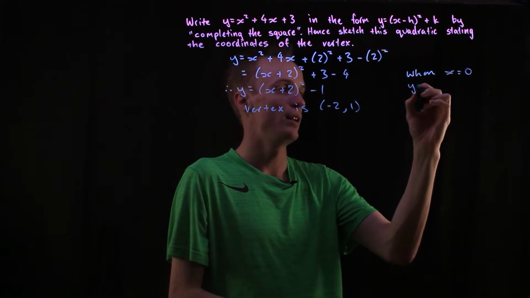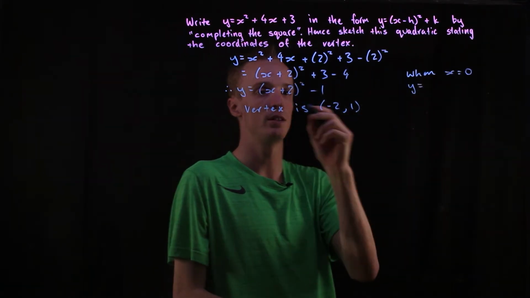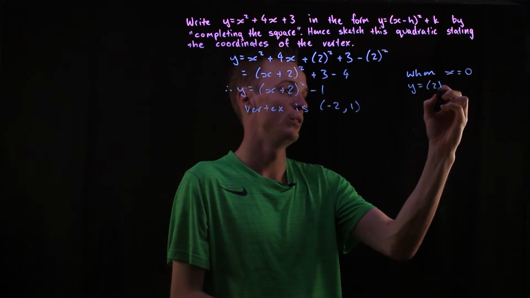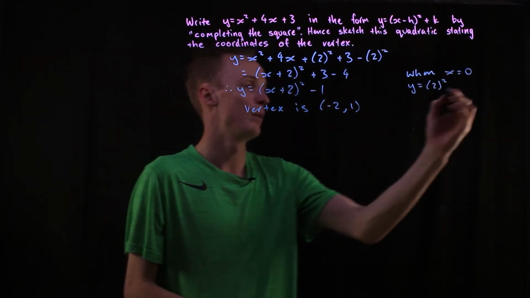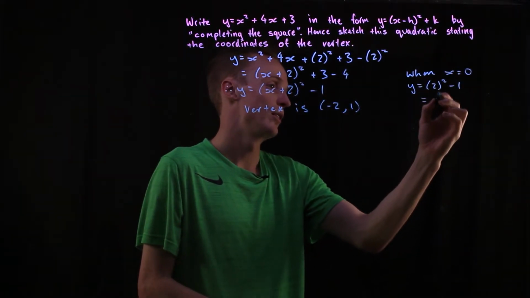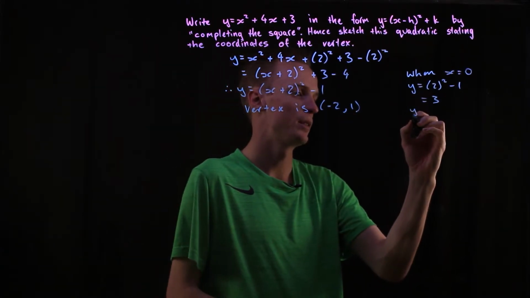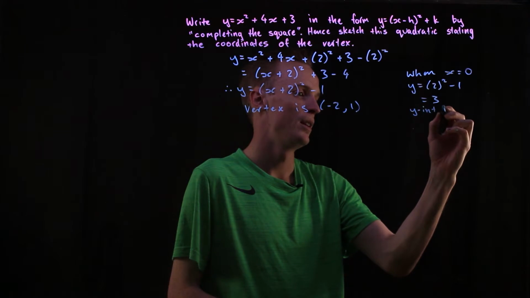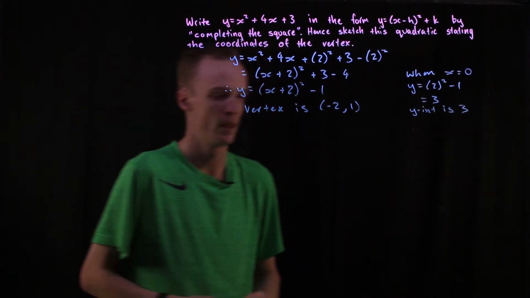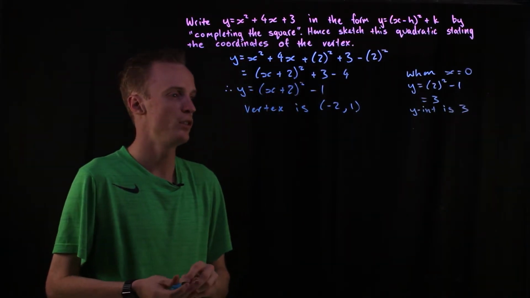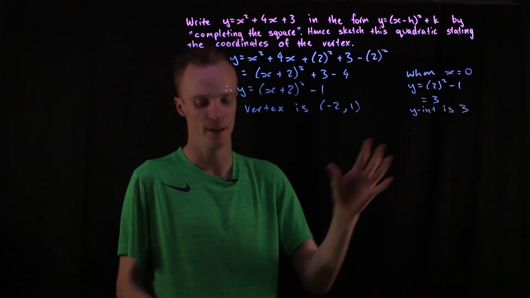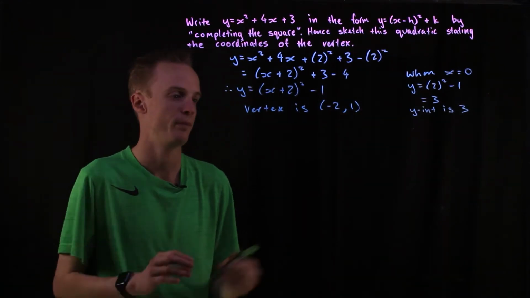So my y is going to be equal to my 0 plus 2, which is just 2, all squared, subtract my 1. So that's 4 take 1, which is 3. So my y-intercept is at 3. So now I can use these two pieces of information to go ahead and sketch the graph of this.